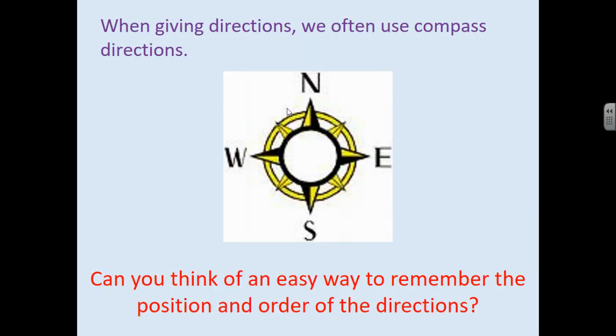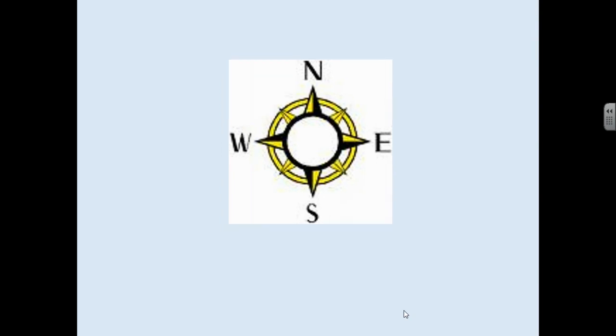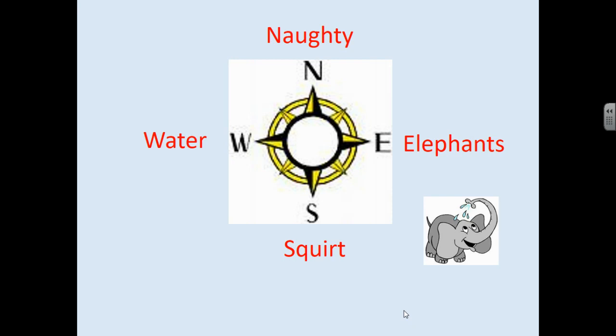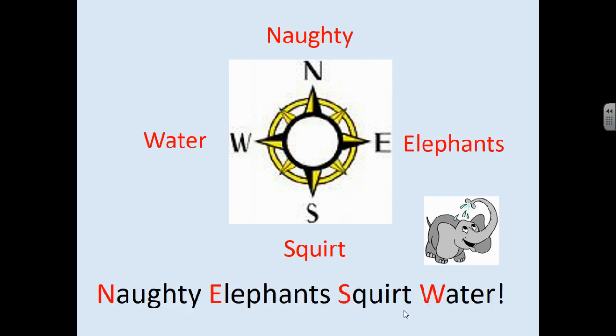We often use compass directions, and sometimes I forget which way north, south, east and west goes. So can you think of an easy way to remember the position order of the directions? Well, I have got acronyms here: Naughty Elephants Squirt Water.